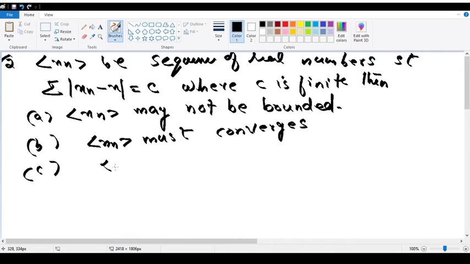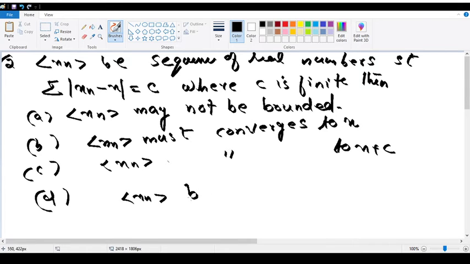Third option, xn must converge to x. Fourth option, xn must converge to x plus c. Last option, xn bounded but not convergent.